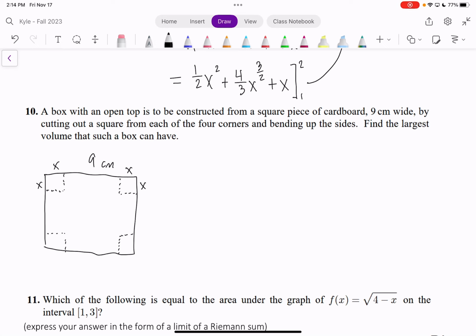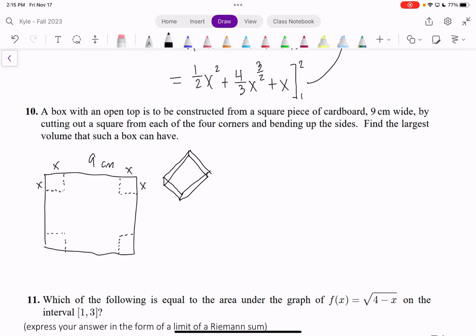What's going to happen is we're going to end up forming this box into this shape. This is a terrible drawing, but perhaps that helps. So you see what we did is we took our box and just folded up the sides like that.